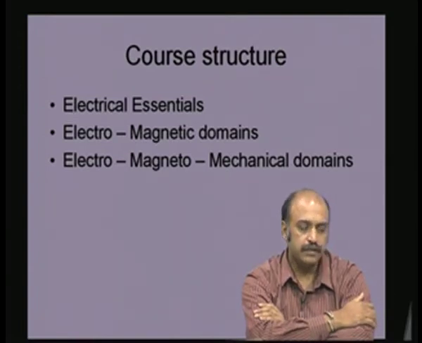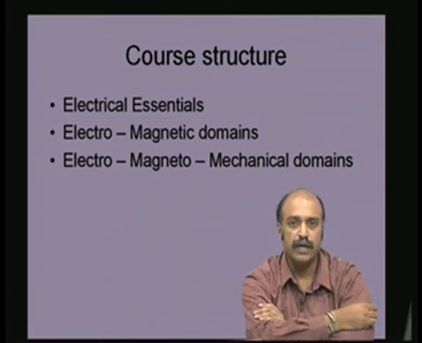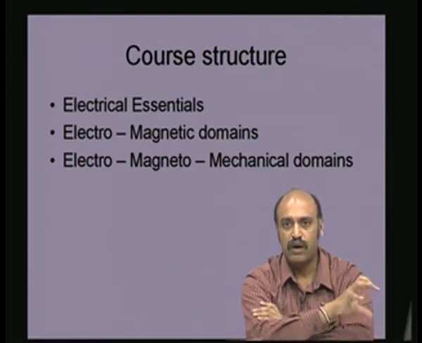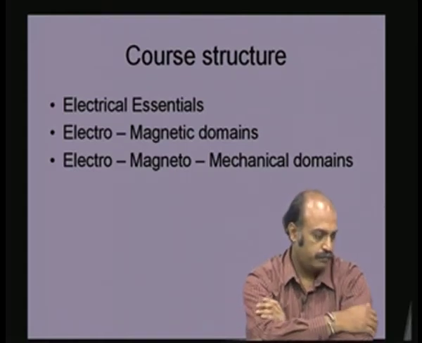So, the machines will have actually all these 3 domains, that is the mechanical domain, the electrical domain, and the magnetic domain involved. Therefore, and in fact, many of the electrical systems will involve these equipments also.